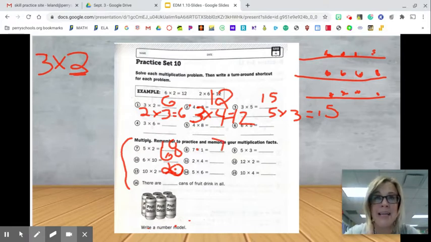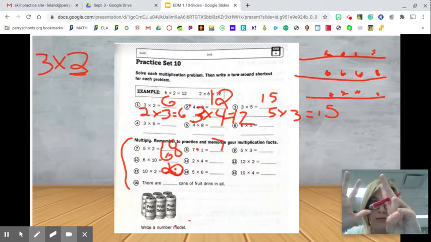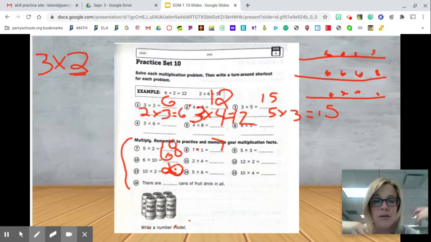Because it's like saying I'm going to count by 7s one time. 1 7 is 7. Or I'm going to count by 1 7 times. 1, 2, 3, 4, 5, 6, 7. One group of 7 is 7. So 1s are another fact that you could easily memorize, and it would be easy because it's just the other number.